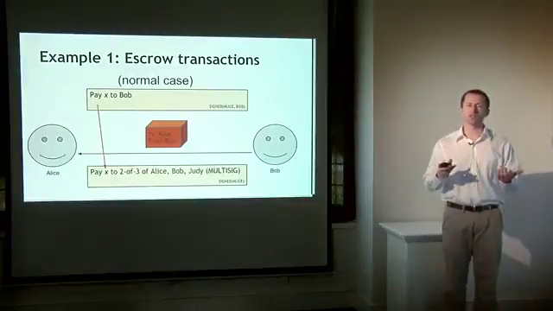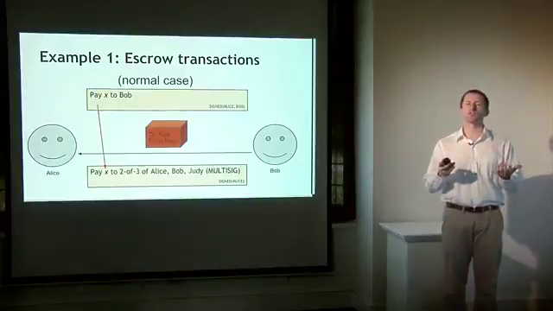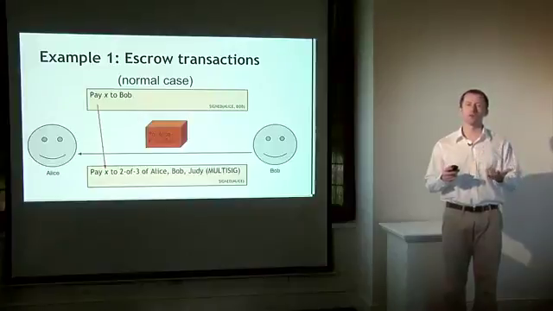And the great thing here is that Judy never had to get involved at all. There was no dispute, and so Alice and Bob were able to sign, and that represents 2 out of the 3 people required by the multi-sig transaction. So in the normal case, this isn't that much less efficient than Alice just sending Bob the money. It requires just 1 extra transaction on the blockchain.